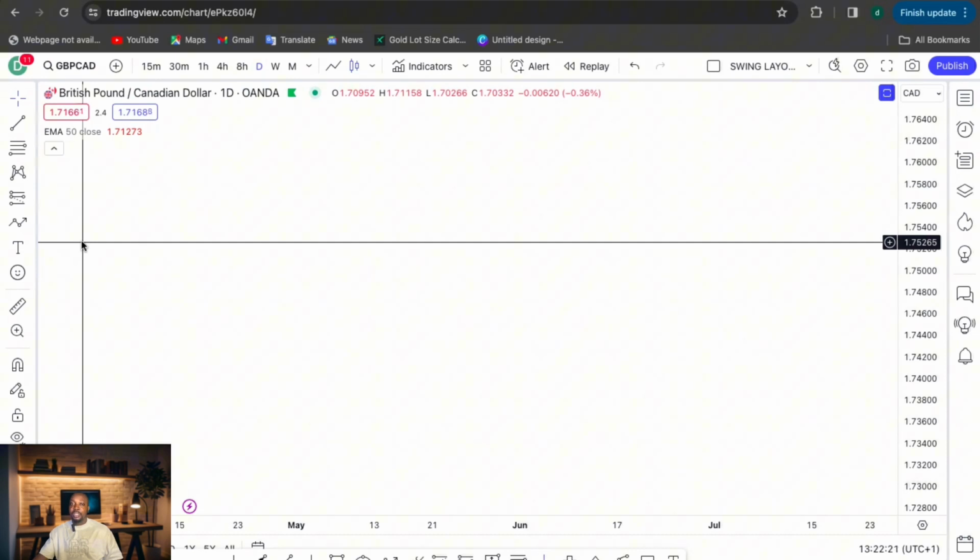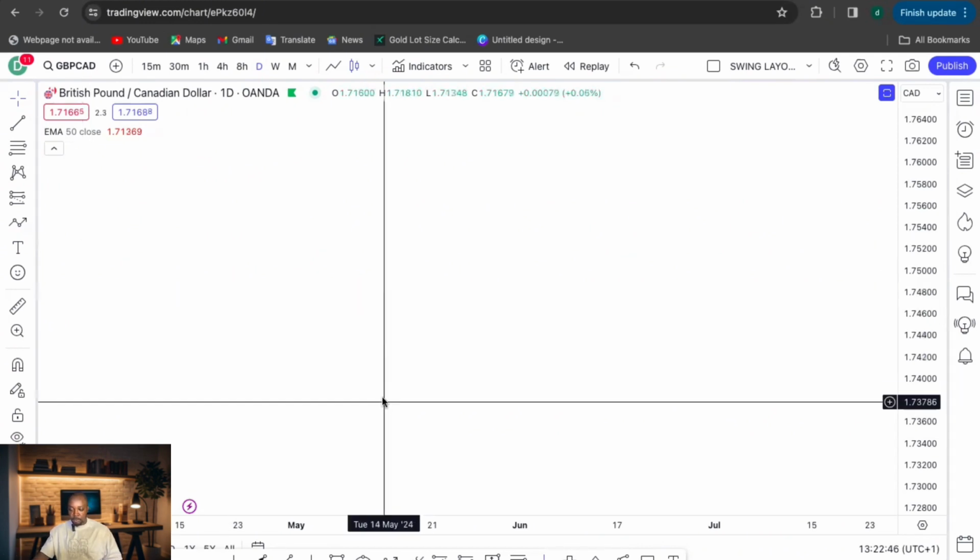I identify trend off structure, I take positions based off structure. Everything basically that I do in the market is based off structure. And if you know how to look at structure the right way, you're going to have a seamless time marking up your charts and making executions.